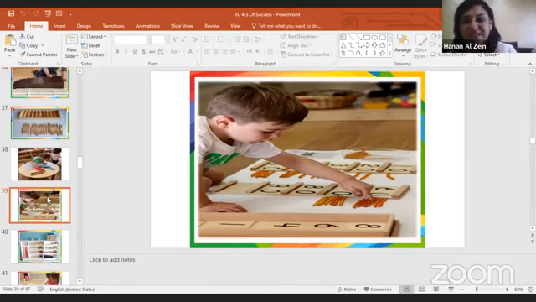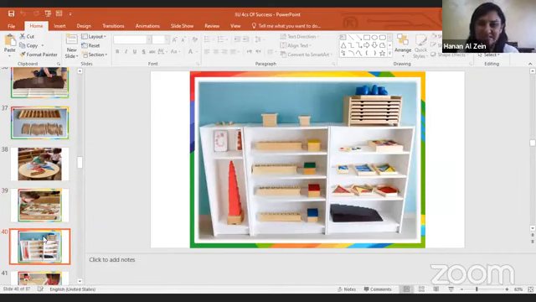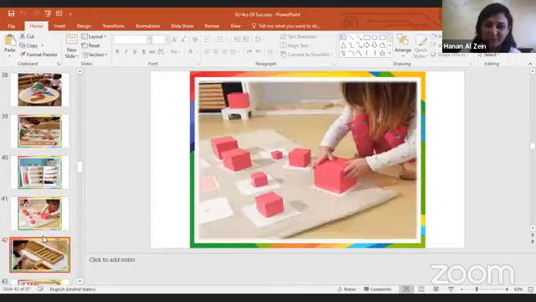With the beads, you see, he's building the tens and ones and the numbers with the beads. Look at this. This is what we call a resource. It's not a book with pictures only. It's a corner full of activities about geometric shapes, geometric solids, cylinders, as you see, knob cylinders, knobless cylinders, towers, and so on.